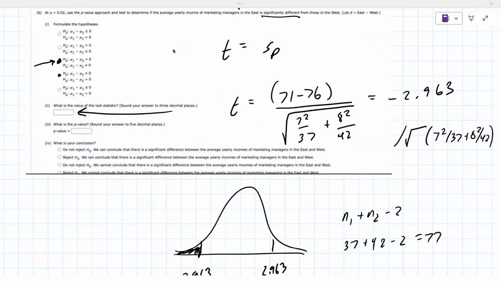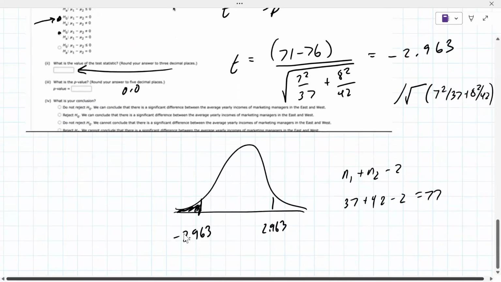So negative 2.963, degrees of freedom 77. So it's 0.9959. So you've got to use the negative one and go left of it, and you're doubling it. So 0.0405.